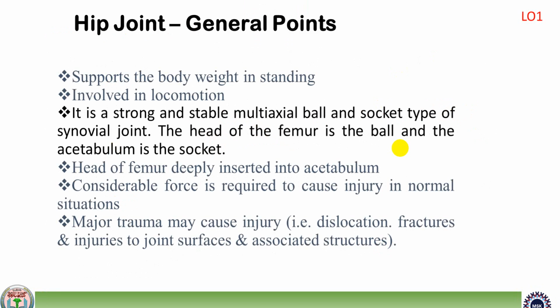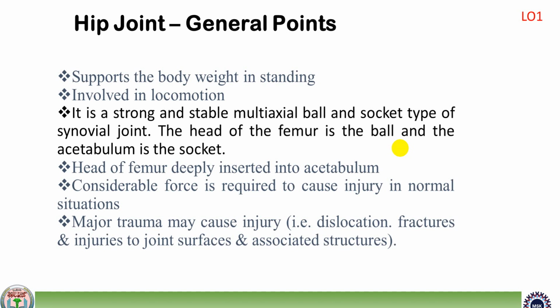In general, the hip joint will support the body weight during standing. It is one of the important joints for locomotion, and it is strong, stable, with multi-axial balance socket. It is a synovial joint, consisting of articulation between the head of the femur, which is the ball, and the acetabulum of the pelvis, which is the socket.